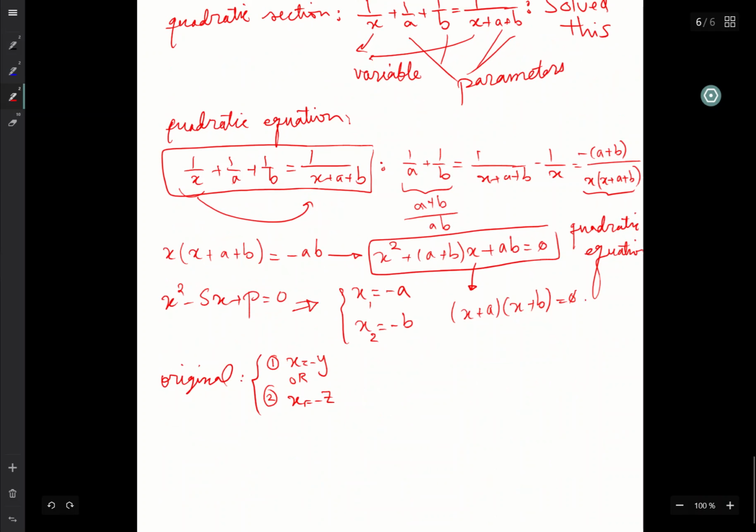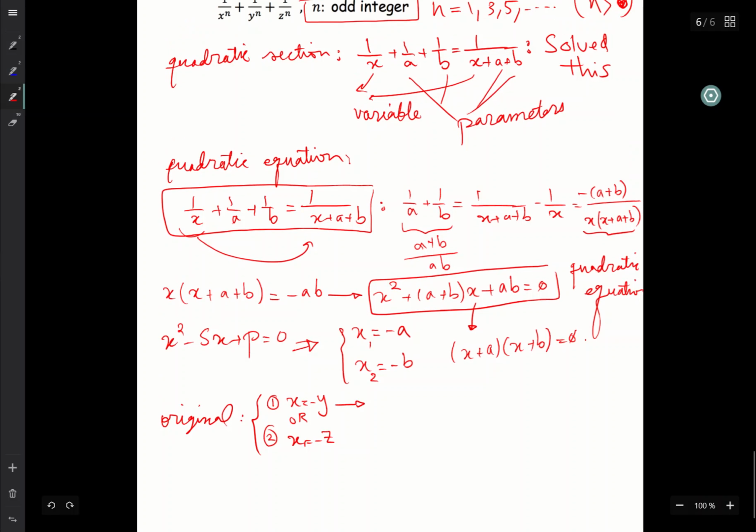One of these two should hold, assuming that x is the variable and y and z are parameters. Now if this is the case, then 1 over (x plus y plus z) to the nth power is obviously 1 over z to the n, and 1 over x to the n plus 1 over y to the n plus 1 over z to the n is again 1 over z to the n if n is odd.